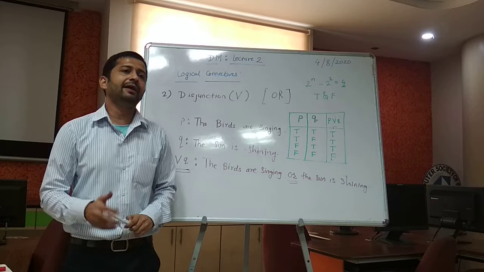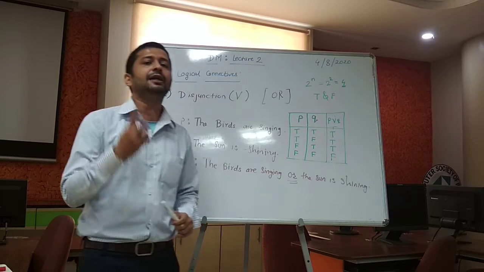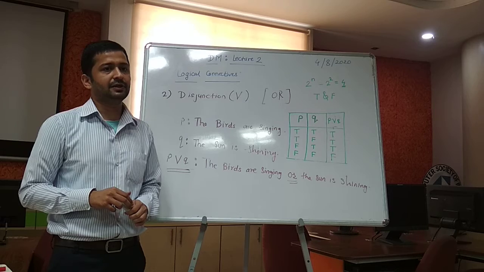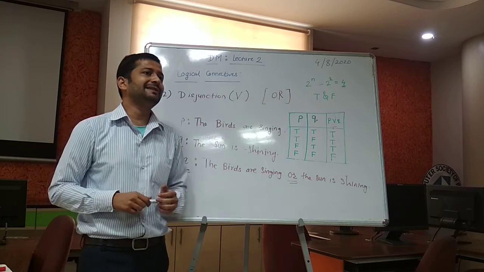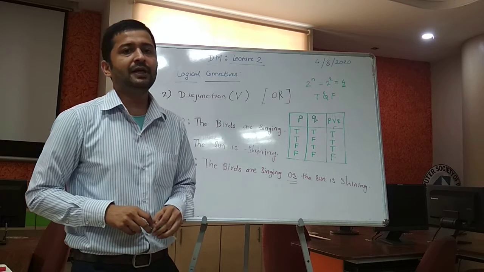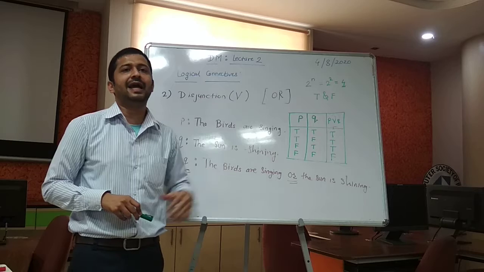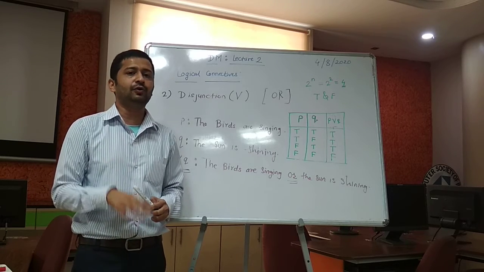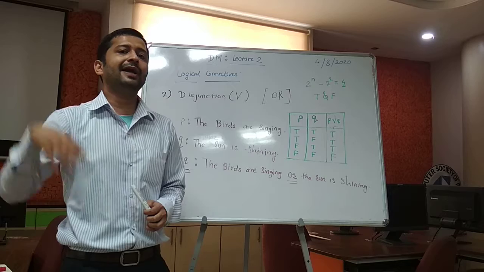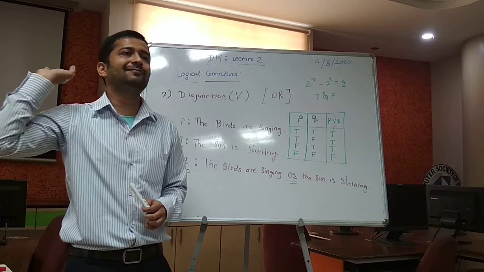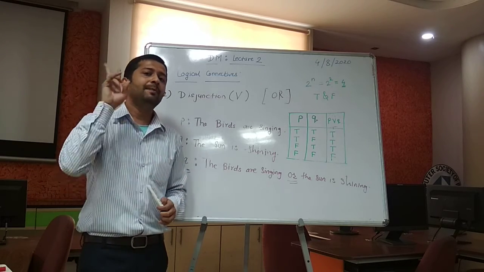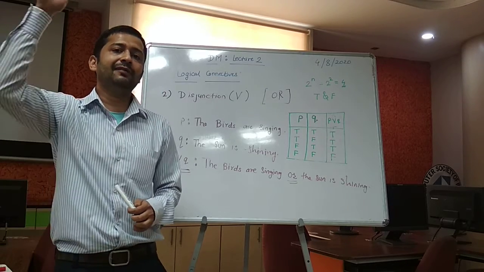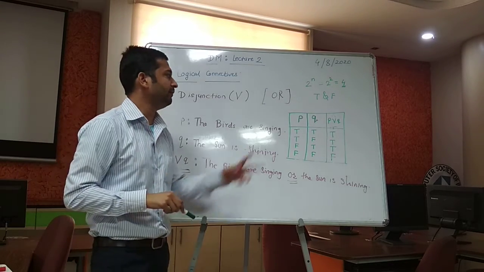So till now we have studied two concepts. First one is conjunction and second one is disjunction. For conjunction, the definition is like that: when both the input statements are true, then the output is true, otherwise for all other combinations it is false. And for disjunction, when both the input statements are false, then the output is false, otherwise true for any combination of true and false.